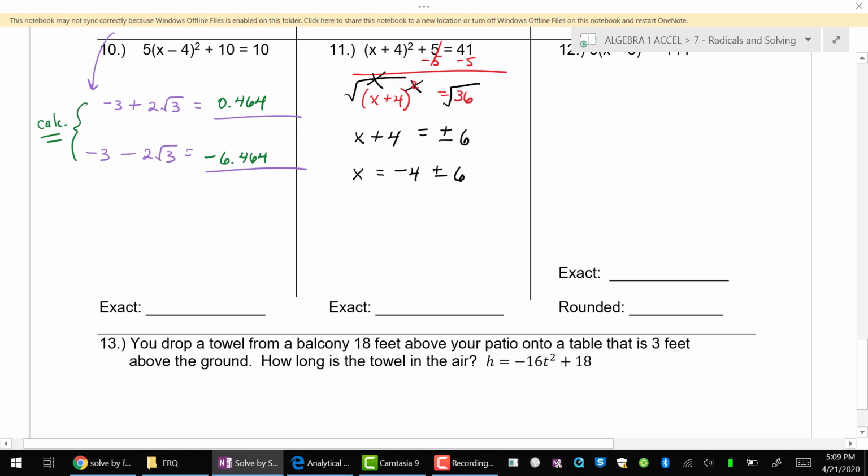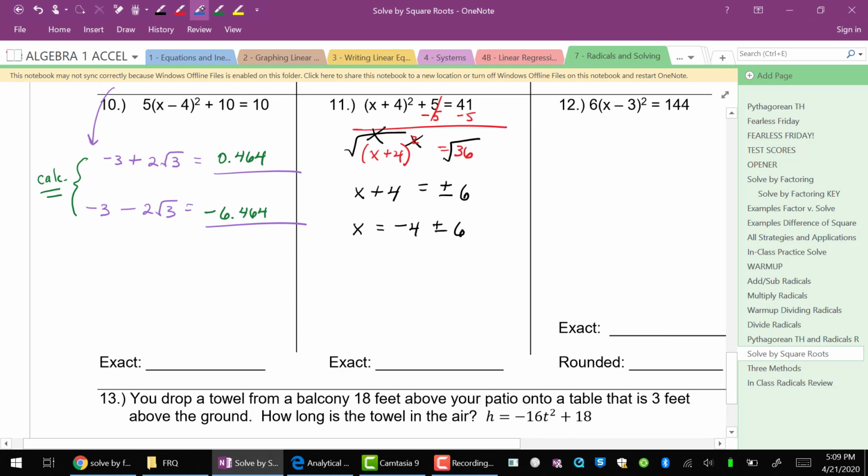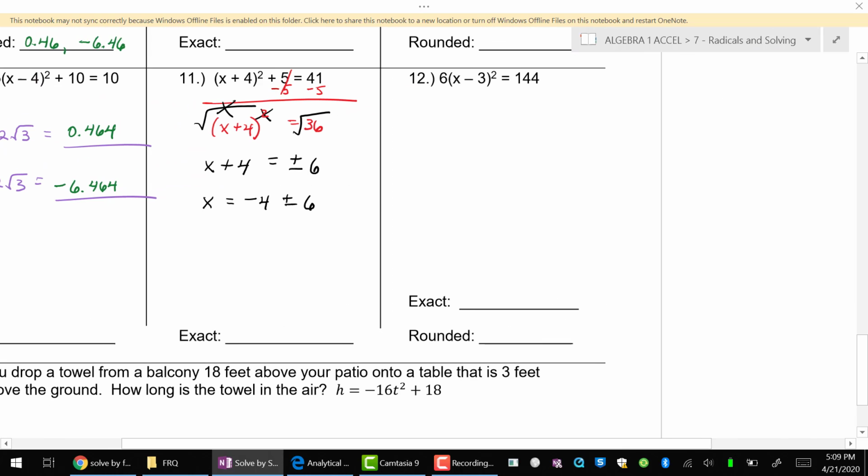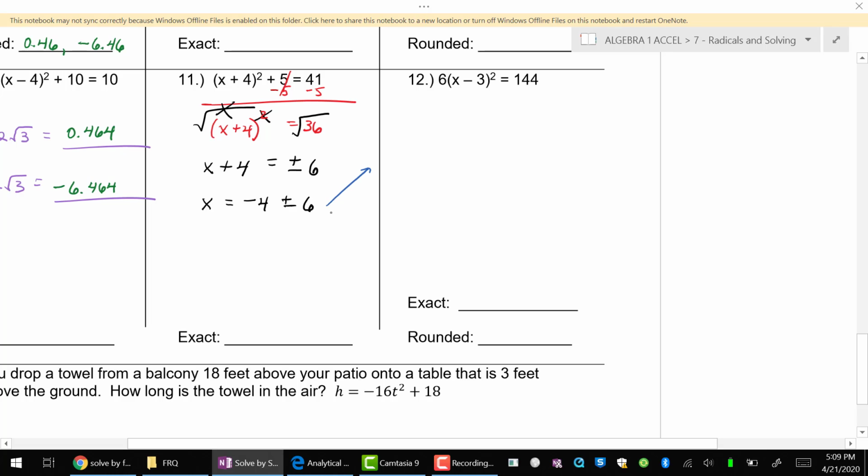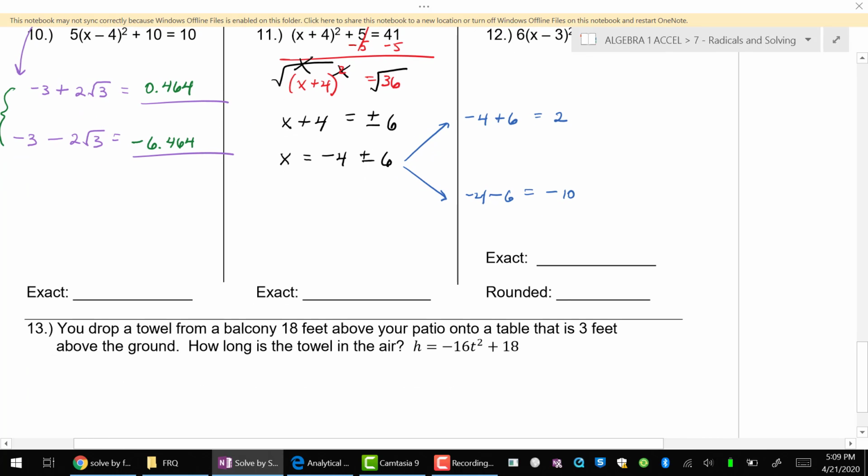Now what that means is I really have two answers there. There's two numbers. And I'll draw a little split like this with two arrows to show you the two numbers. Negative 4 plus 6 is my first answer, or 2. And then negative 4 minus 6 would be my second answer, which is negative 10. And I'll write those down here as my exact answers, 2 and negative 10.